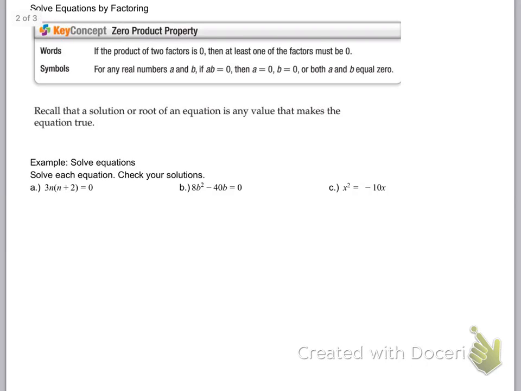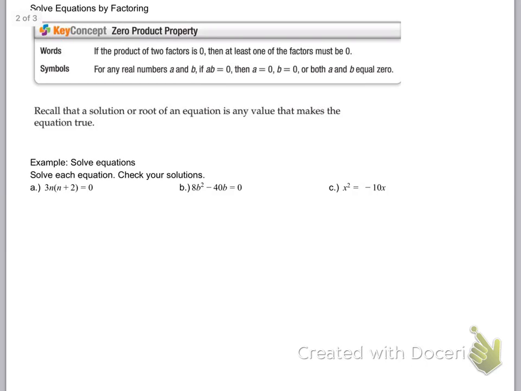And each one of those terms or multiples can be set equal to 0 to solve it. I'm also going to tell you that you should always take your leading term or your highest degree and make it the positive one. That'll serve you later on, because it makes your life a lot easier when you have positive leading coefficients.